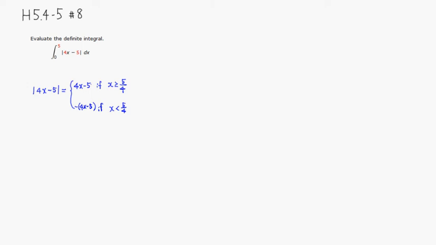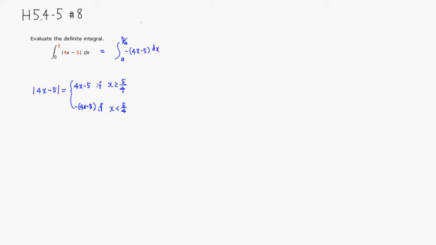So we have to split this integral into two parts. One is the integral from 0 to 5 quarters, where we know that the formula is negative 4x minus 5.